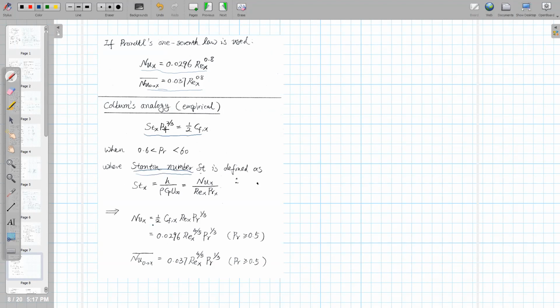Stanton number times Prandtl number to the power 2/3 is equal to 1/2 Cf,x. This Stanton number is defined as the Nusselt number divided by the Reynolds number and also divided by the Prandtl number. So this is the Stanton number correlation.